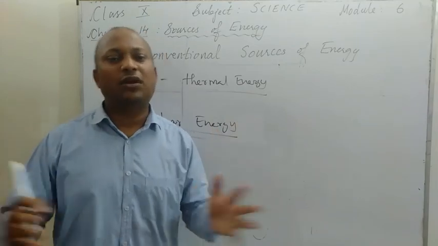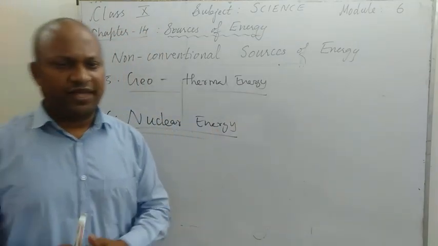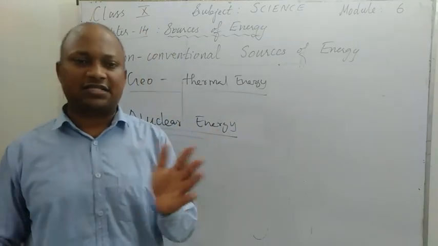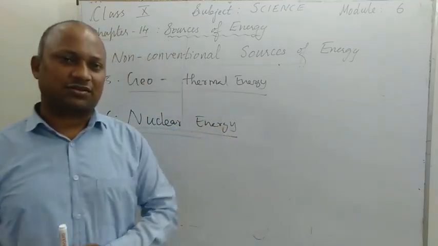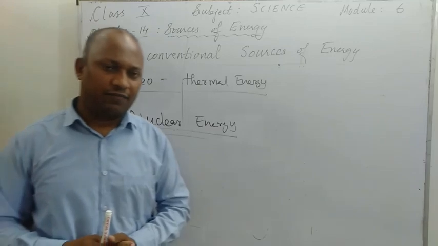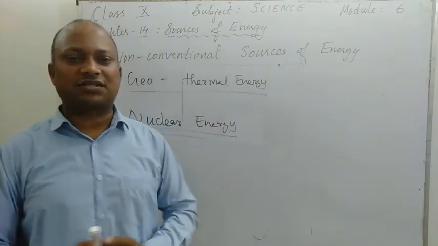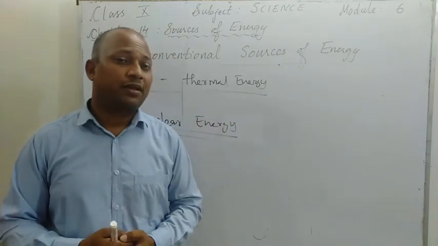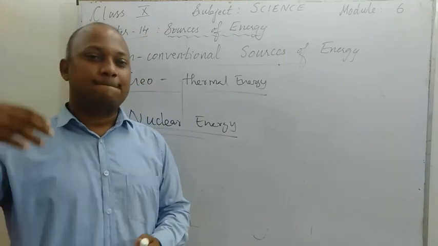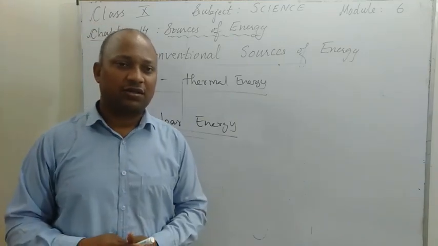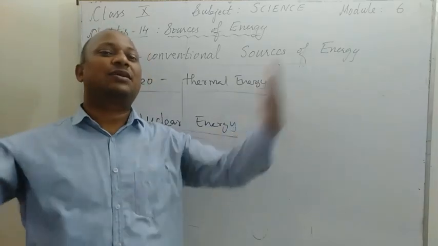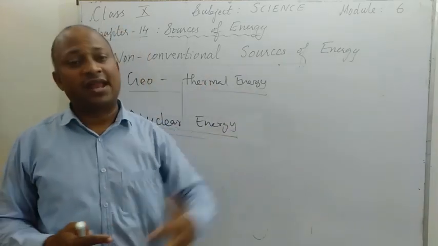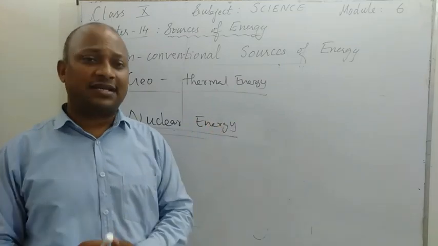So as a conclusion, we have two types of energy, conventional source of energy and non-conventional source of energy. And we require this non-conventional source of energy for a better future, because population is increasing and our living standards are becoming higher and higher, and we require energy.